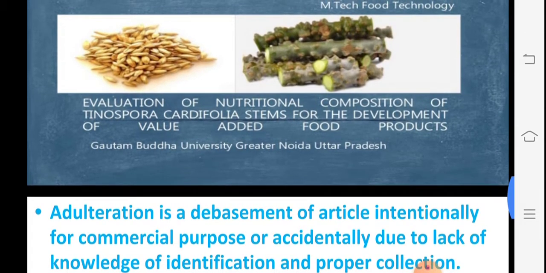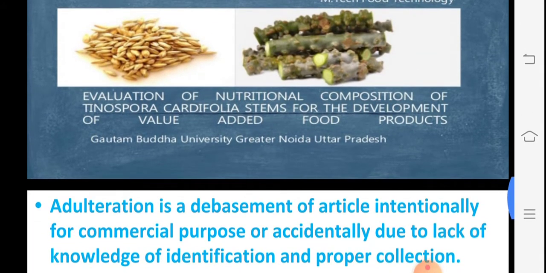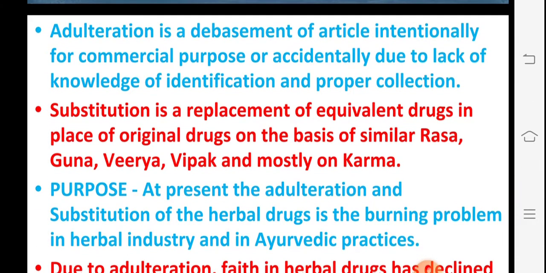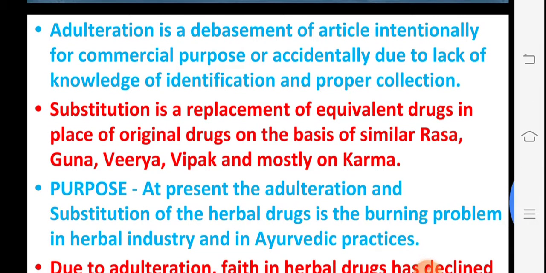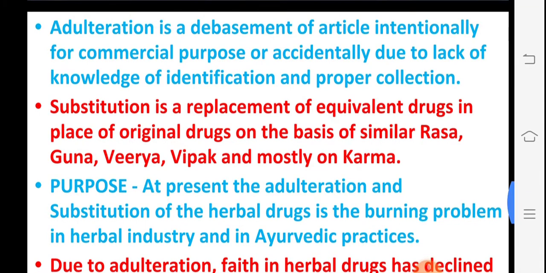So these are the fresh stem cut photographs of this particularly Tinospora. Then main part in these two examples, adulteration. So what is adulteration? It is for commercial purpose, accidentally or by accident, adding the same kind of plants or the plant parts in the original drug.